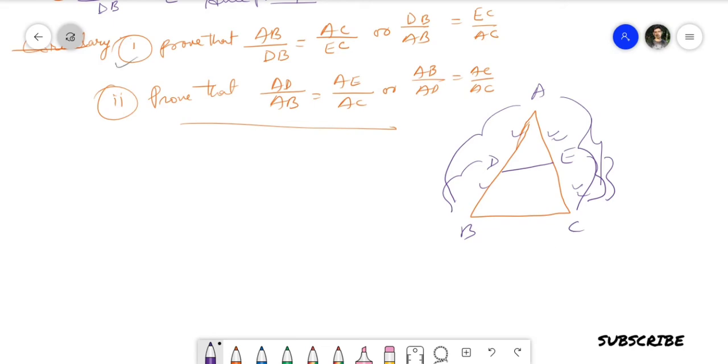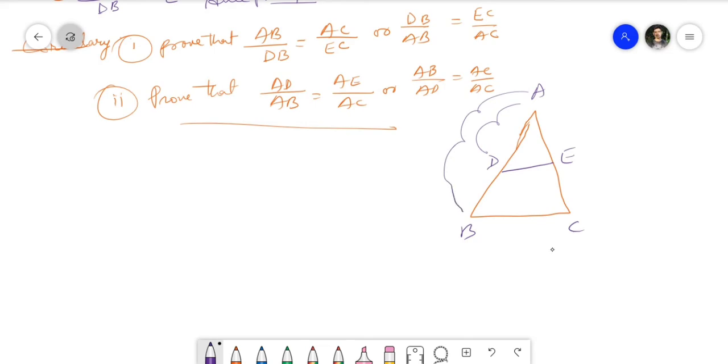This was question number 1. Now the second one, AD by AB, up to here, and AE by AC. This is equal, if you can prove it from there. Let's see how to prove this.